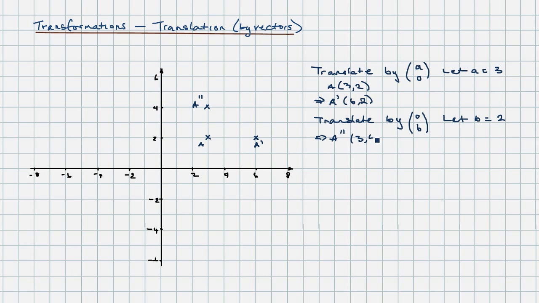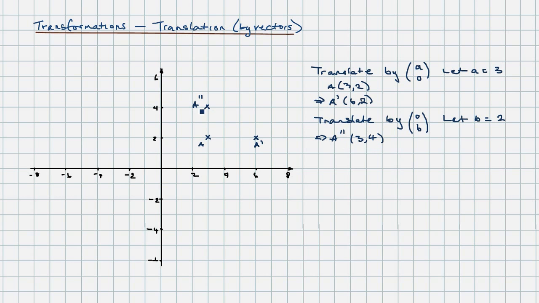And let's check. We set b at 2, so we had a translation vector of 0, 2. So it's going to take A and do nothing to the x-coordinate, so 3 remains the same, but to the y-coordinate 2 it's going to add 2, so 2 add 2, 4.